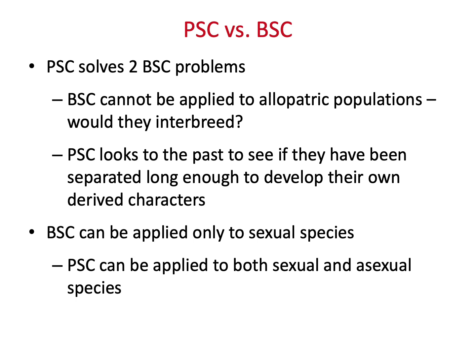The first one is that the biological species concept cannot apply to all allopatric populations, because it is difficult to determine whether individuals of a population would interbreed and produce fertile offspring if they ever came together.